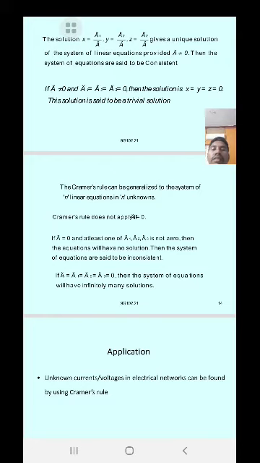If delta equals 0 and at least one of delta 1, delta 2, delta 3 is not 0, then the equations will have no solution.